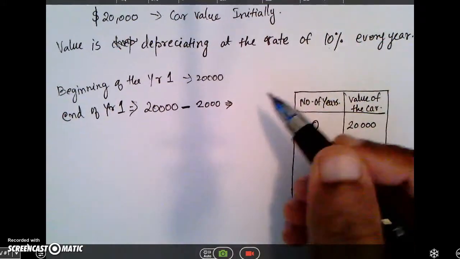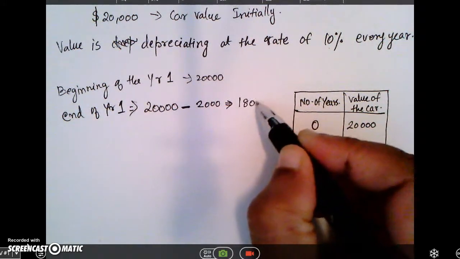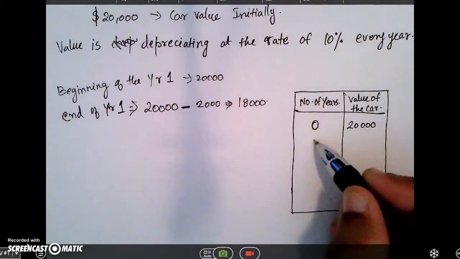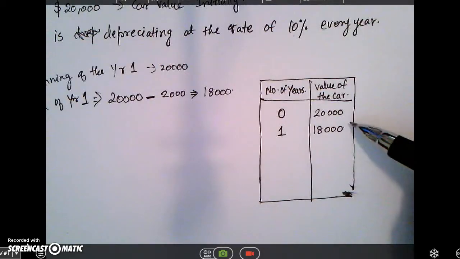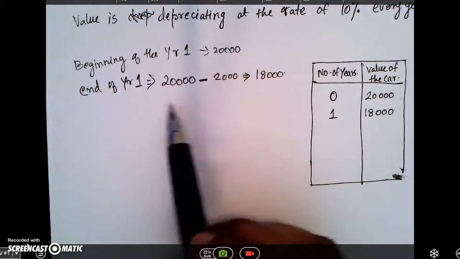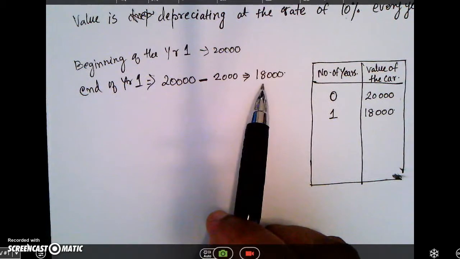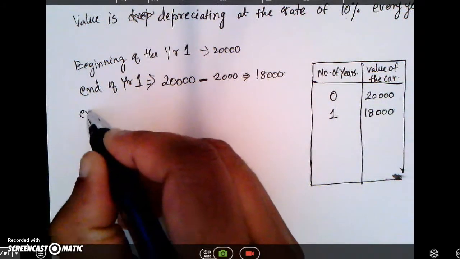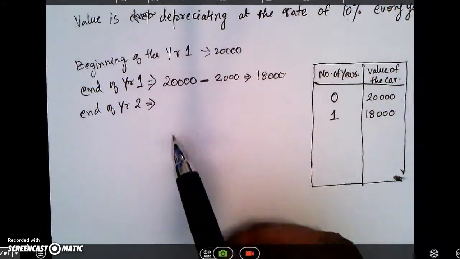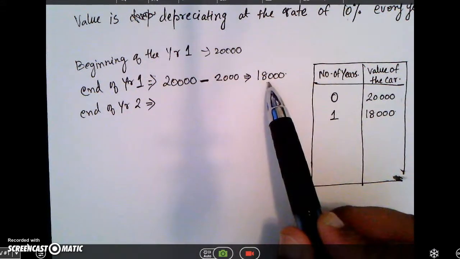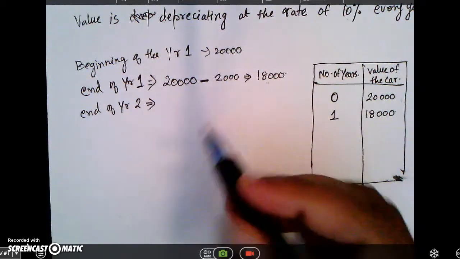Now at the end of year one, the value of the car is 18,000. As you can see, the value is going down, right? So that's depreciation. So now beginning of year two, the value of the car is 18,000. So end of year two, another 10% has gone off. Now the 10% is calculated on what I started with in the beginning of my second year.